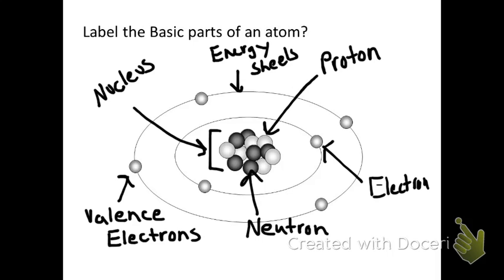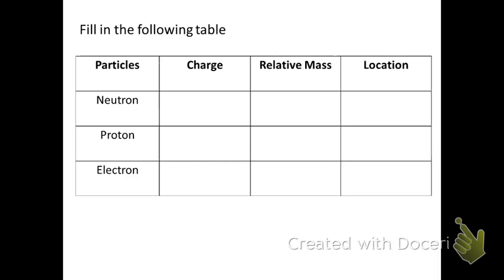Okay, so make sure you spend some time learning these different parts if you don't already know them. Alright, so now we're going to get more particular about electrons, protons, and neutrons, and we're going to fill out this table. Now we have already stated that the charge on a neutron is 0. There is no charge.